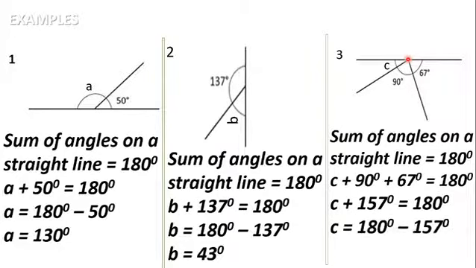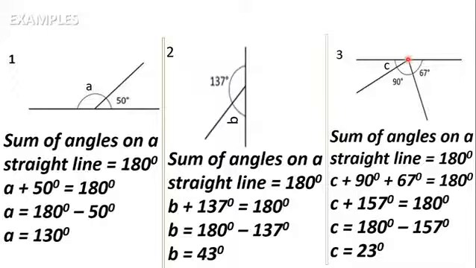C would be equal to 180 degrees minus 157 degrees, which will give me 23 degrees. So the value of C will be 23 degrees. It's an acute angle as well.